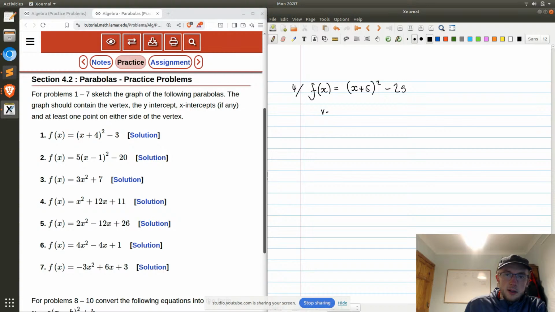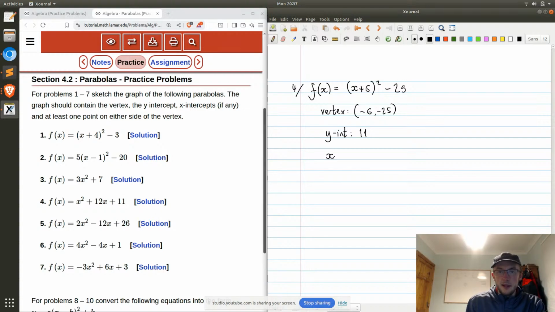Okay, so now let's read off the vertex. I should be able to when it's like this. So I think it's negative 6 comma negative 25. The y-intercept, you can abbreviate that as just y-int. That's just 11. We can get it from the standard form, which is here.